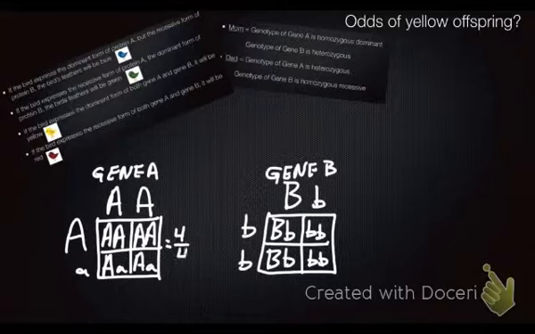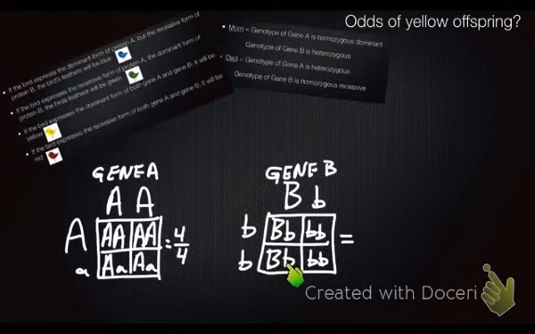No matter which way the alleles combine during sexual reproduction, they're going to end up with a dominant version of gene A. We also, to get a yellow bird, would need to be expressing the dominant version of gene B. So if I look over here, this individual would express the dominant version of gene B. This individual would express the dominant version of gene B and ignore this recessive version.